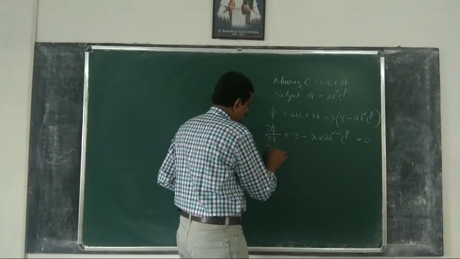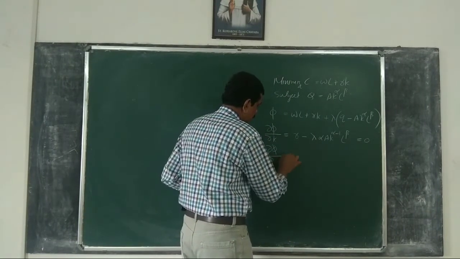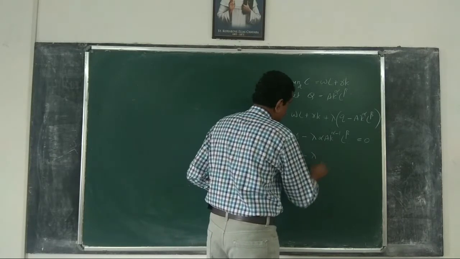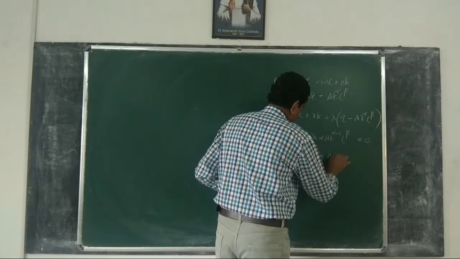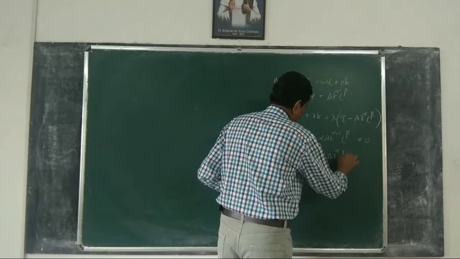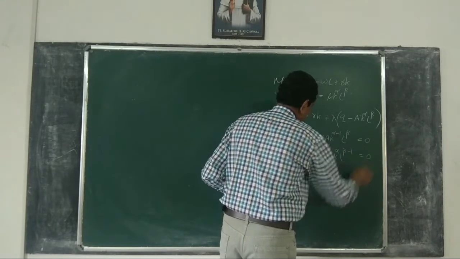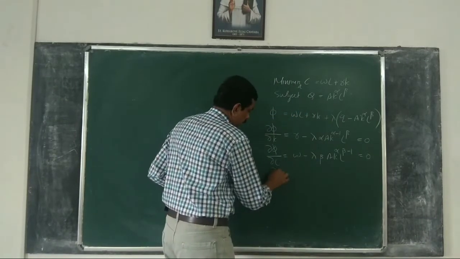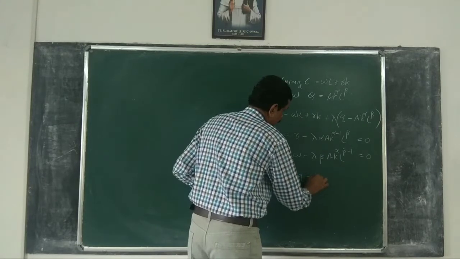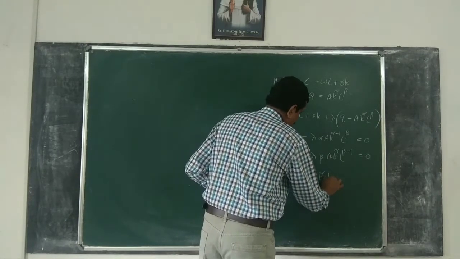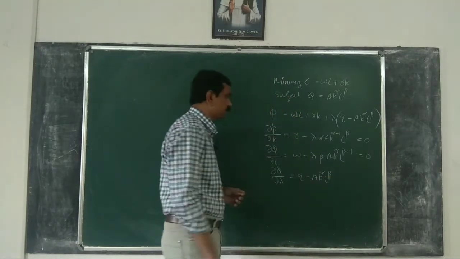Dou phi by dou L is equal to W minus lambda beta A K raised to alpha L raised to beta minus 1 is equal to 0. Dou phi by dou lambda is equal to Q minus A K raised to alpha L raised to beta.